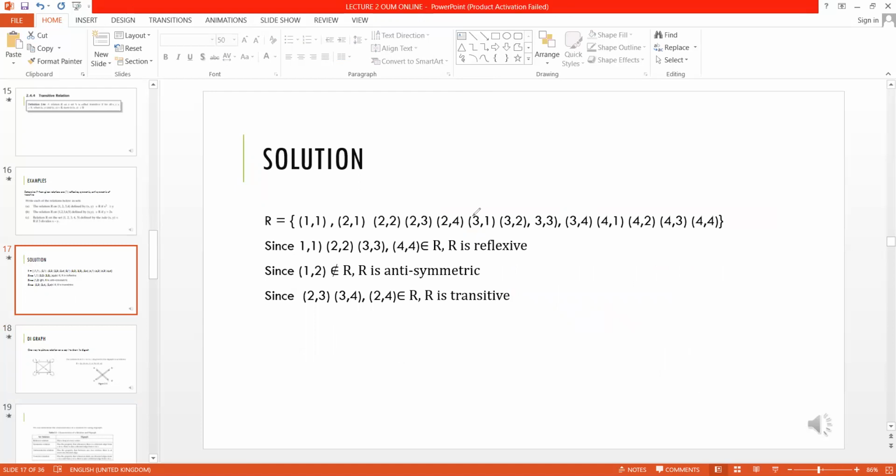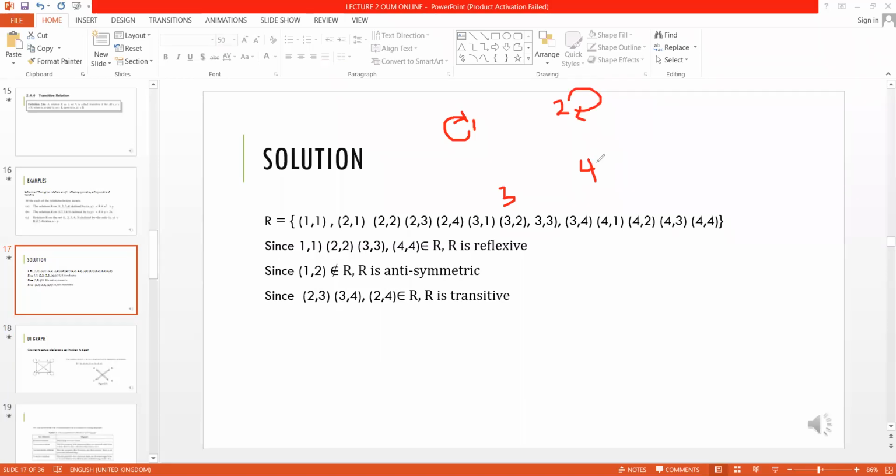So for this example, you had 1, 2, 3, 4 here. No 5, it's only 1 to 4. So we have the relation 1 to 1. 1 to 1 is going to be a loop back to itself like this. We also have 2 to 2. That will also be a loop.